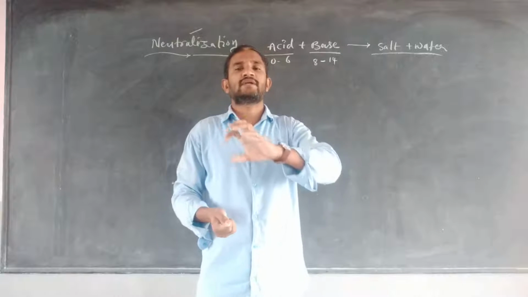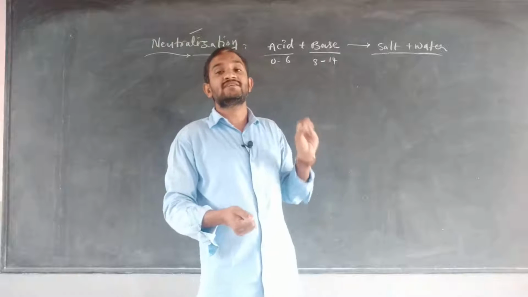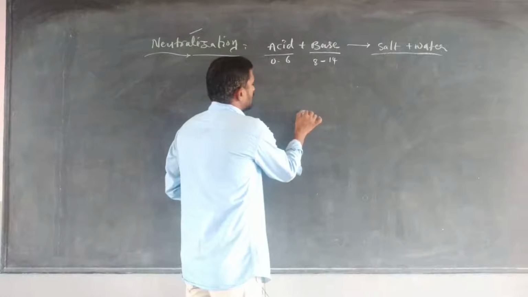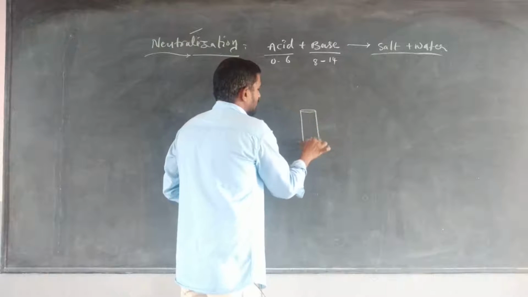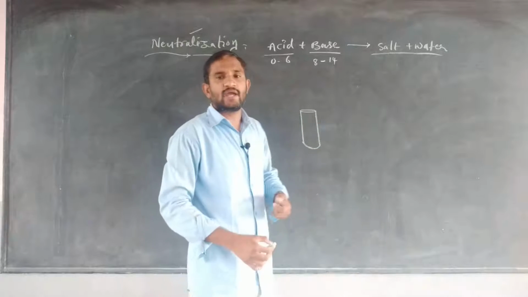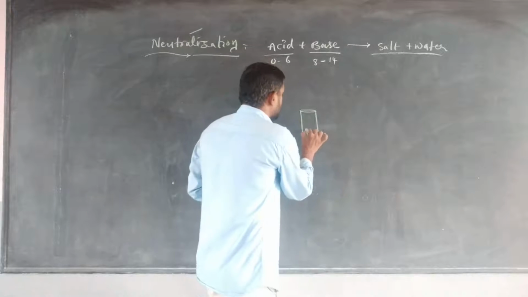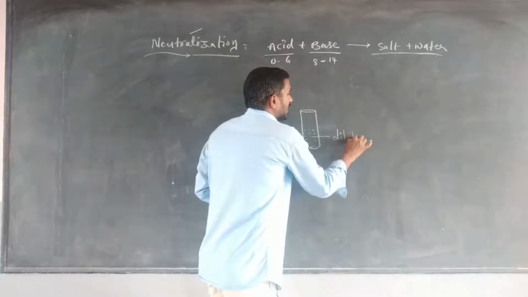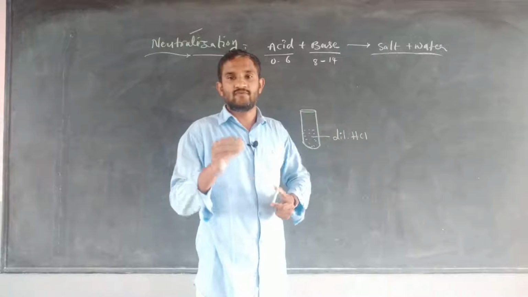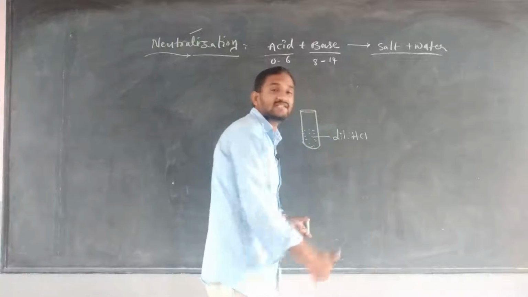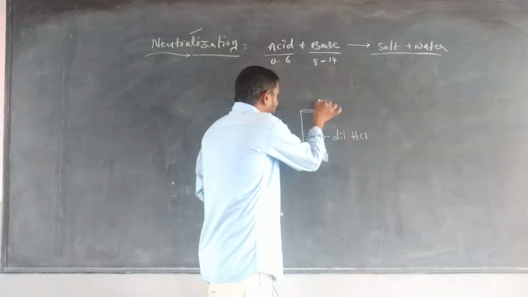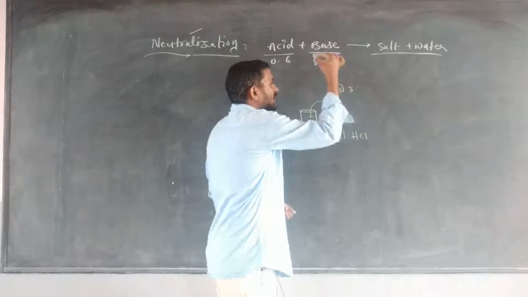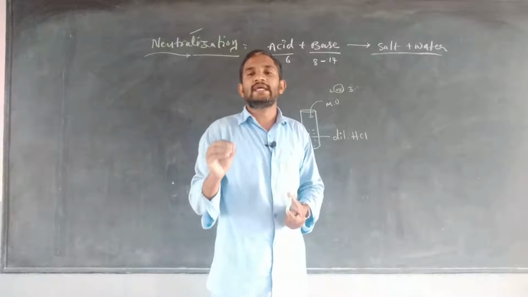Before discussing the different kinds of acid-base reactions, we have to perform one lab activity. Suppose we take some dilute acid, dilute hydrochloric acid, in the given test tube. Now I am adding 2 or 3 drops of methyl orange indicator.